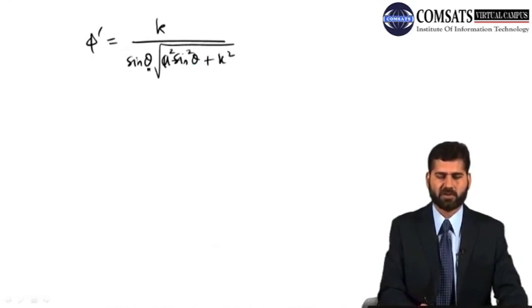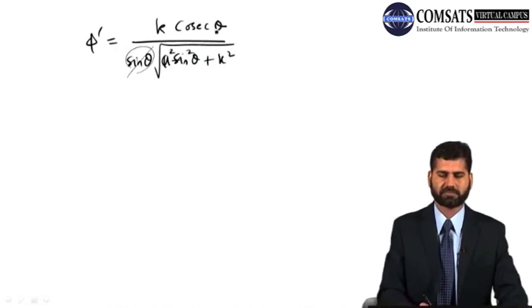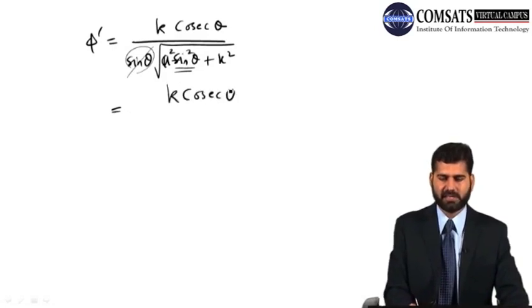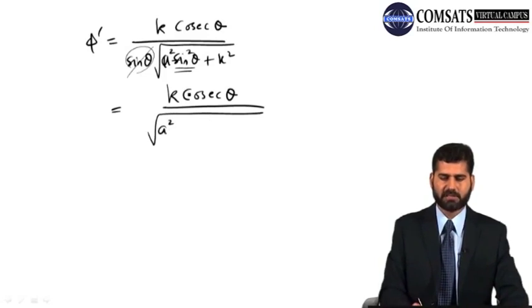This is what I got. Now sine theta, I can bring outside and write cosecant theta. If I write this in terms of cosecant theta, I will get k cosecant theta over the square root of a square plus k square cosecant square theta, divided by cosecant theta, which will make it cosecant square theta.